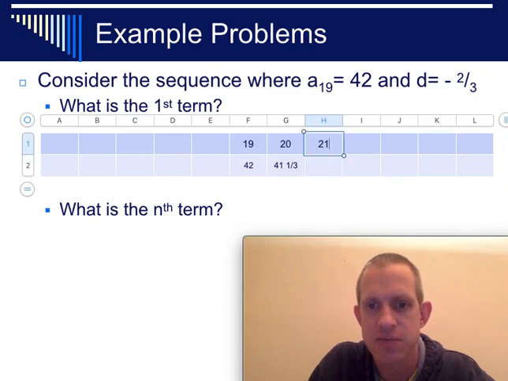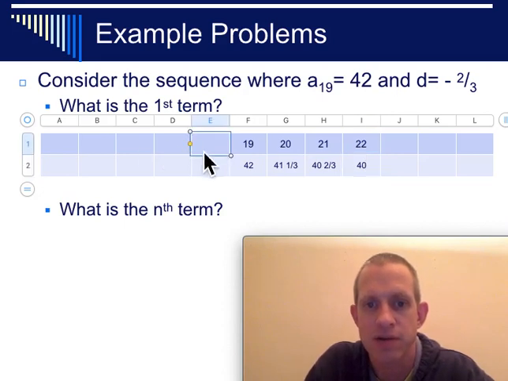And the next number in the list would be another 2/3 subtracted from that, so that would be 40 2/3, and 22 would be back down to 40. And so what I need to do is work my way backwards in this list and figure out what the first number in this list is.